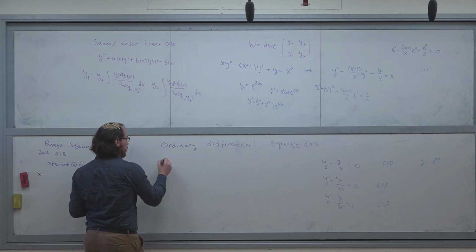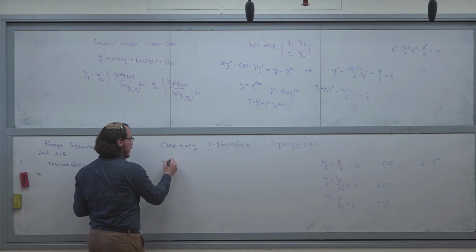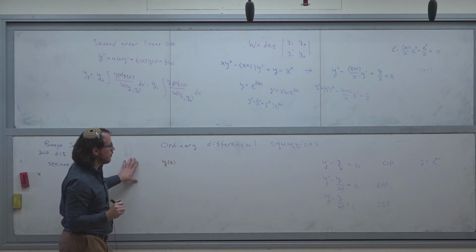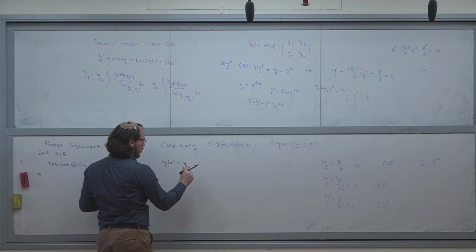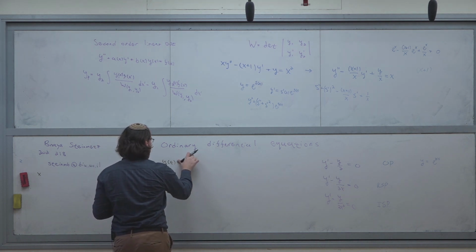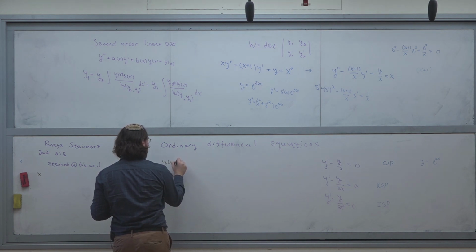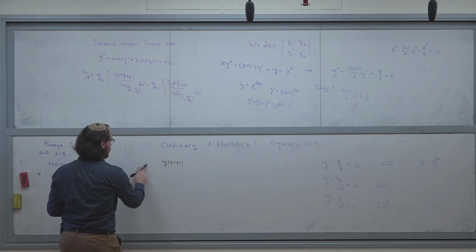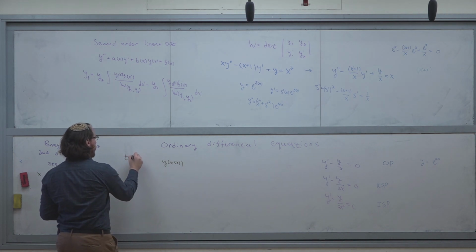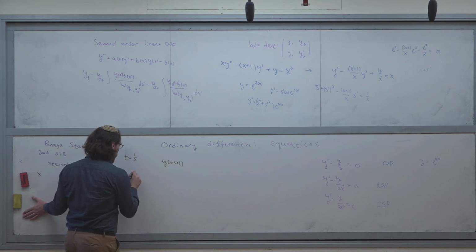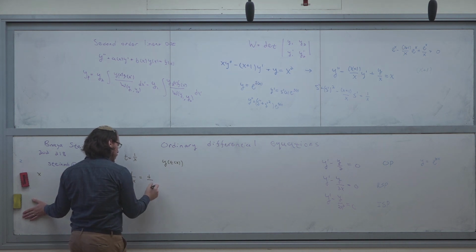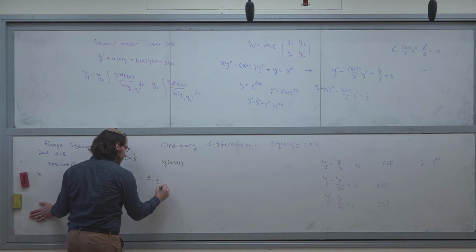So I would want to write y as a function of t, right? Where t equals 1 over x.